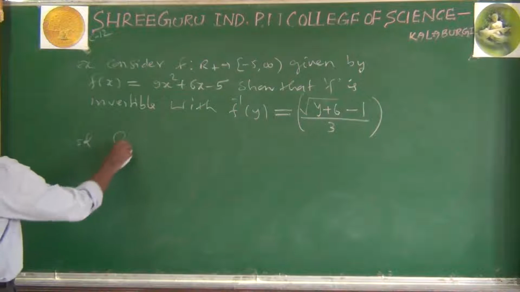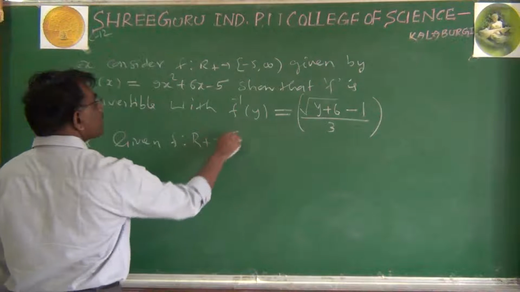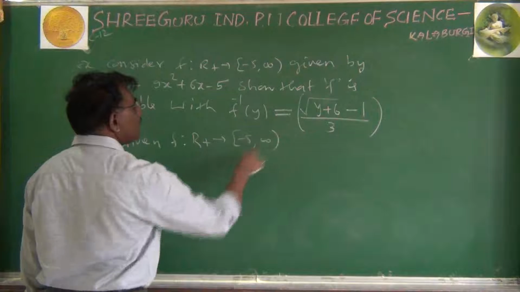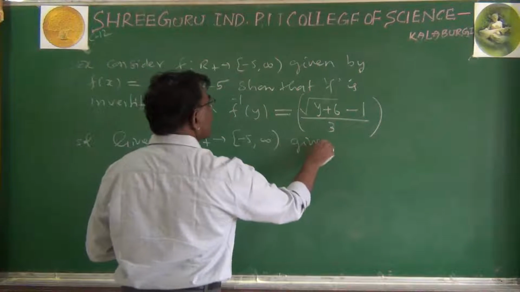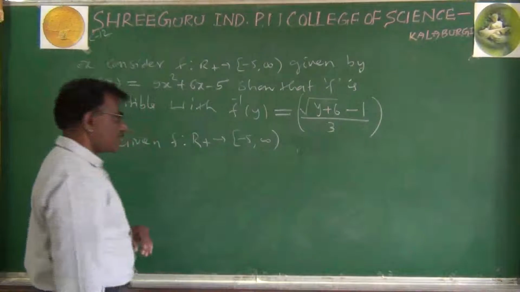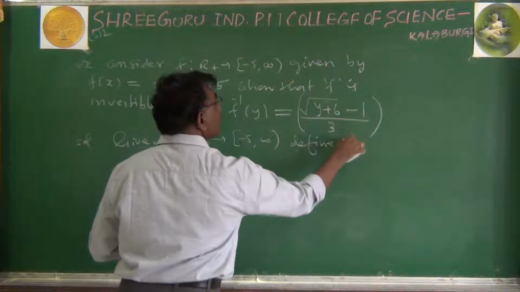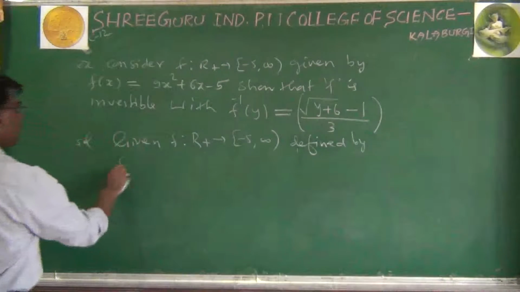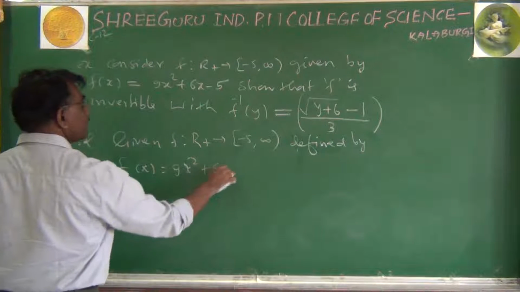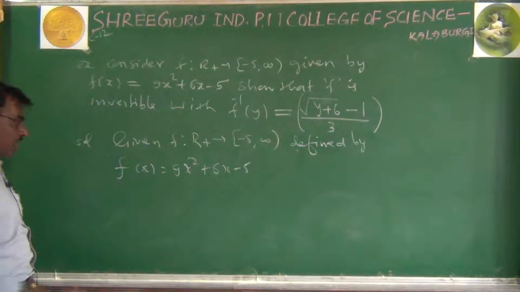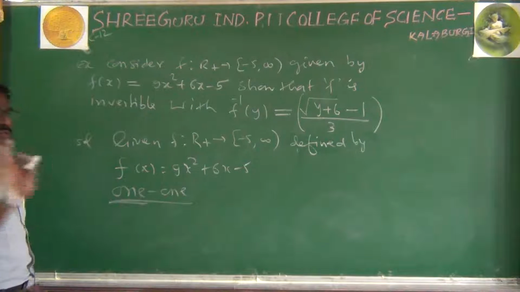Solution: given f from R plus to the interval greater than minus 5, the function f is defined by f of x equal to 9x square plus 6x minus 5. Now start with one-one. First you have to show invertible.